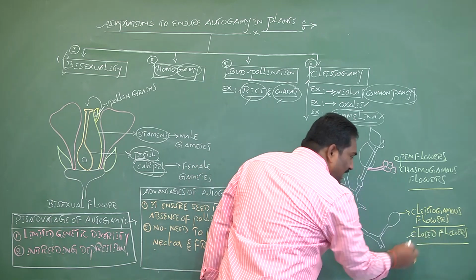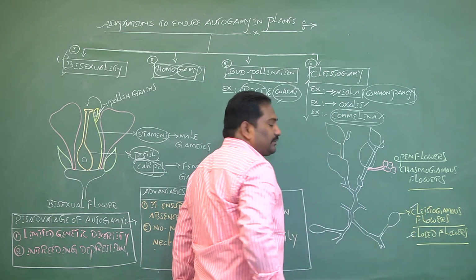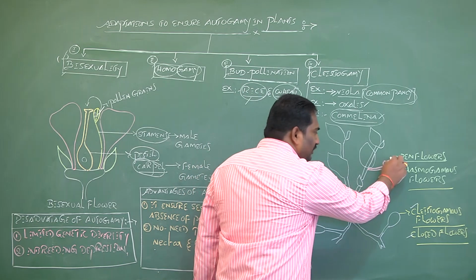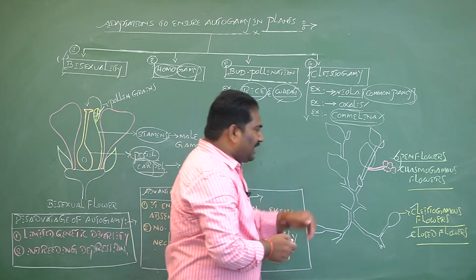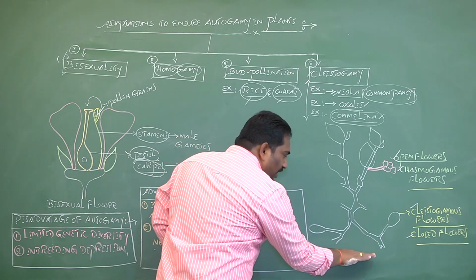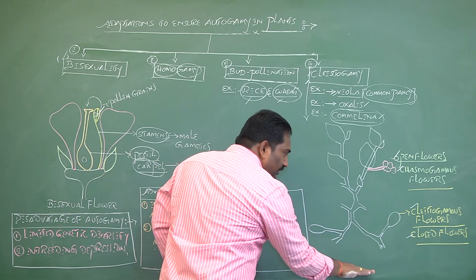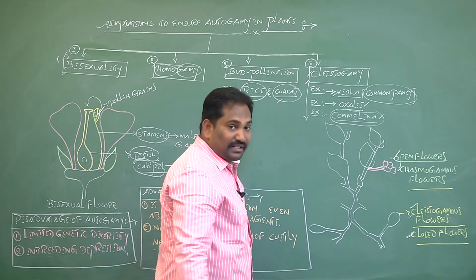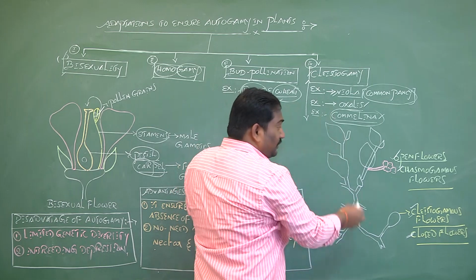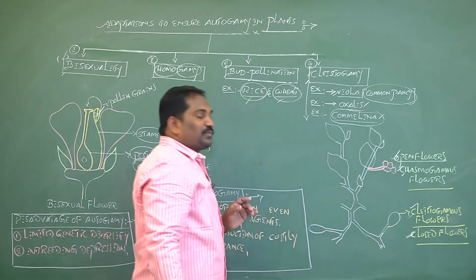Closed flowers are called cleistogamous flowers. Open flowers are called chasmogamous flowers. In Commelina bengalensis, the underground part of the plant body produces closed flowers or cleistogamous flowers. The aerial side produces open flowers or chasmogamous flowers.